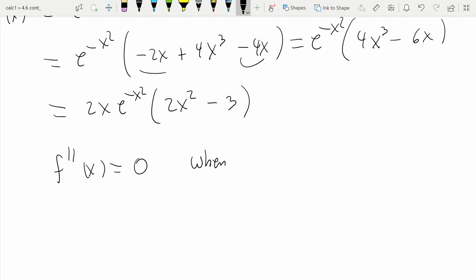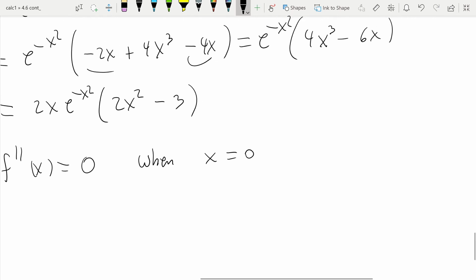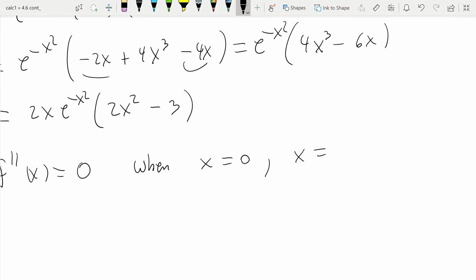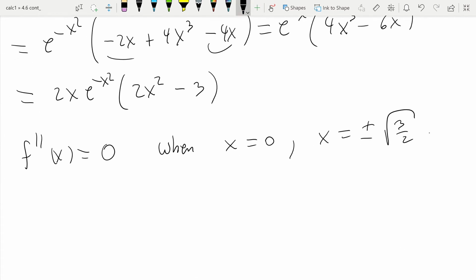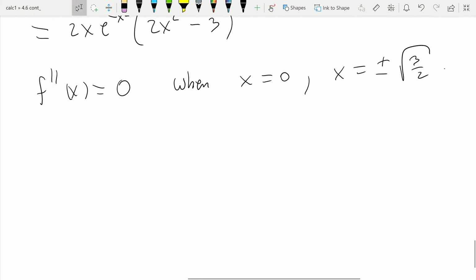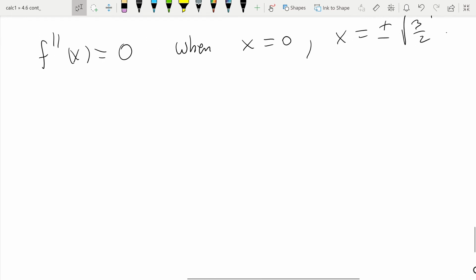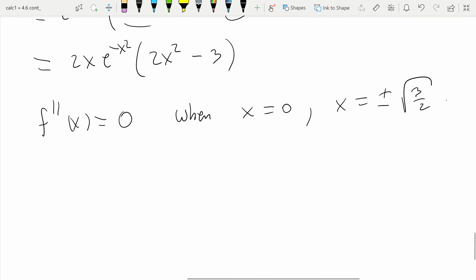This happens only when x is equal to 0 or x is equal to plus or minus the square root of 3 halves. So we need test points. We need to proceed now to look for the sign of f double prime inside the intervals determined by the possible points of inflection.